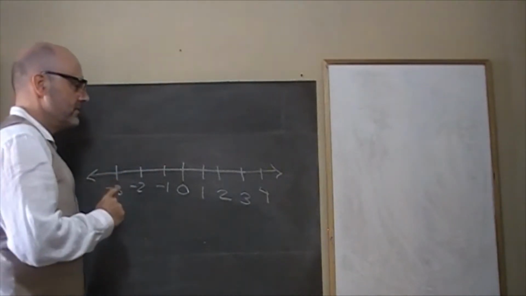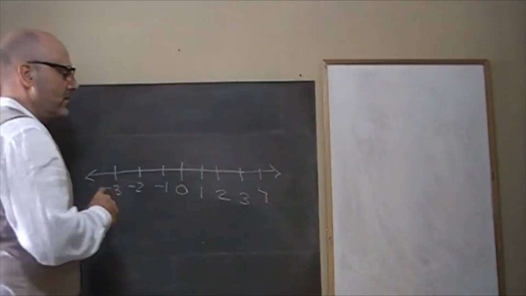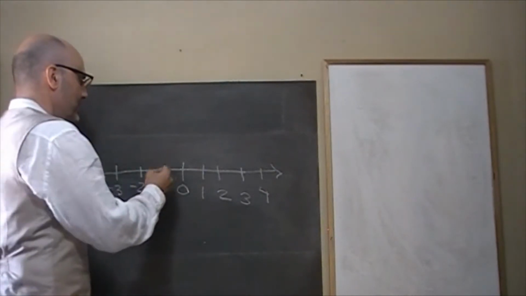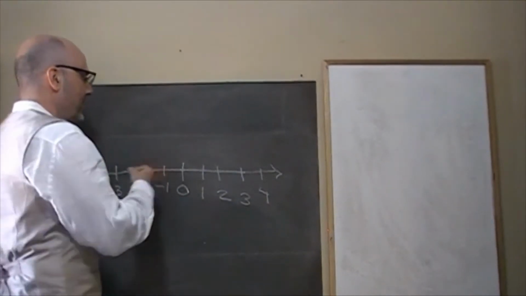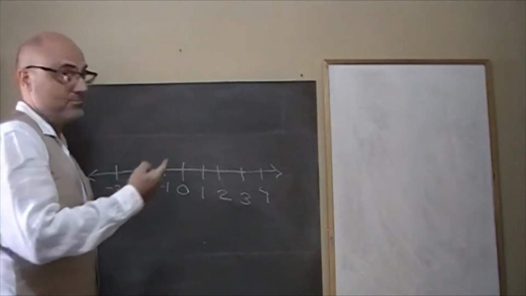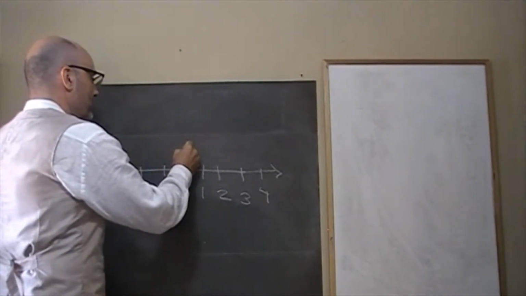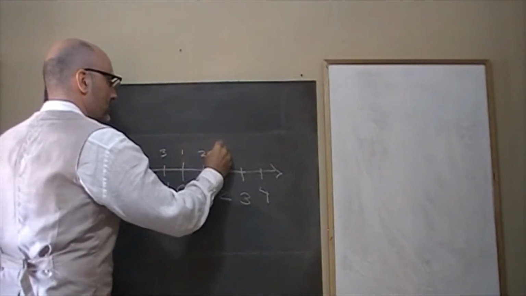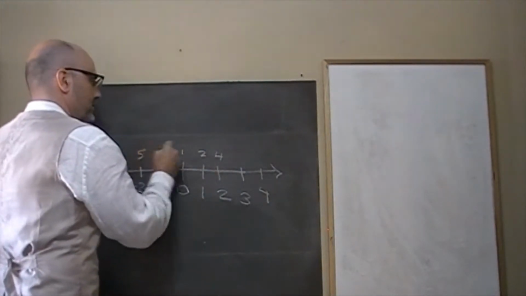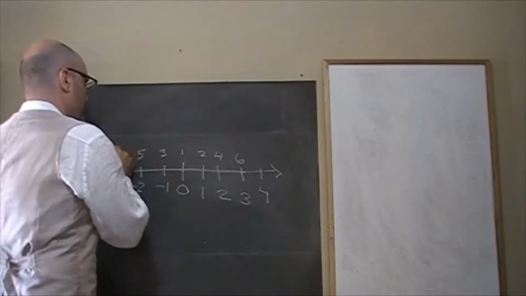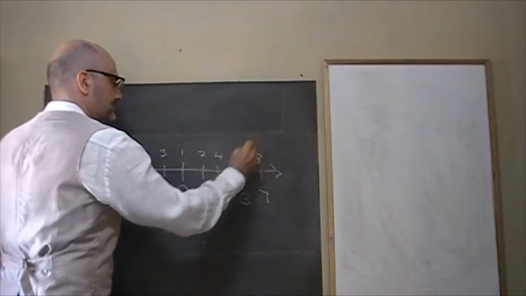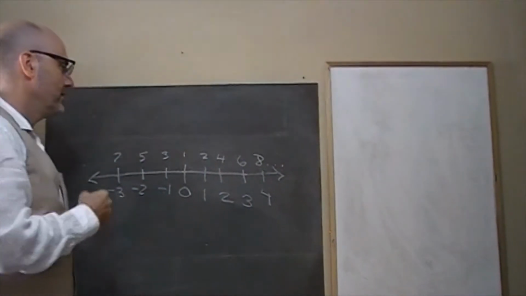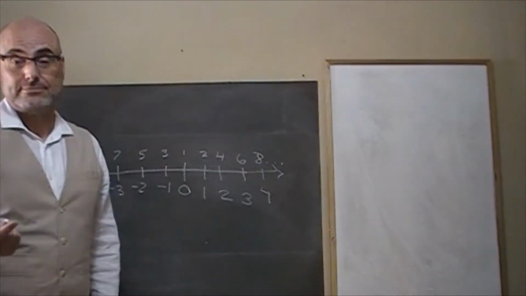So the integers continue infinitely in the positive and negative direction, but I can still count them by assigning a natural number to each of them in an alternating process. So 1, 2, 3, 4, 5, 6, 7, 8, and so on. So the integers are infinitely countable.